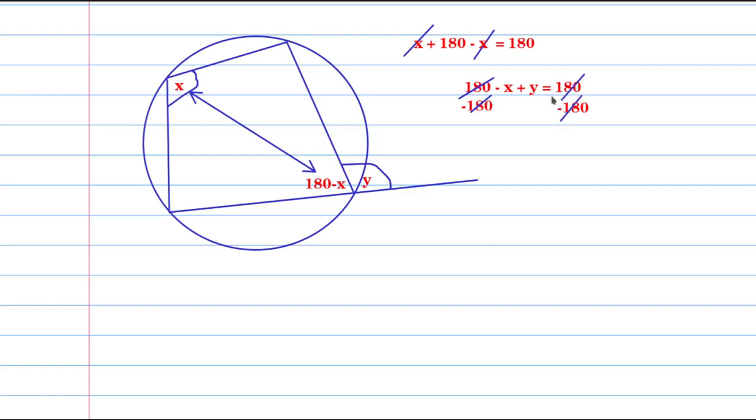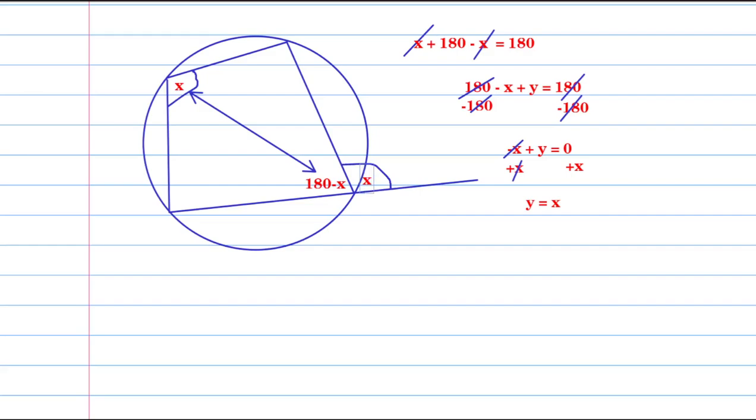Then you have minus x plus y is equal to 0. Then let's add x on both sides of the equation. This and this cancel out. Then we are left with y is equal to x, which means that this angle there is actually x.